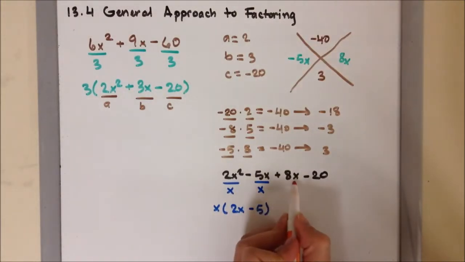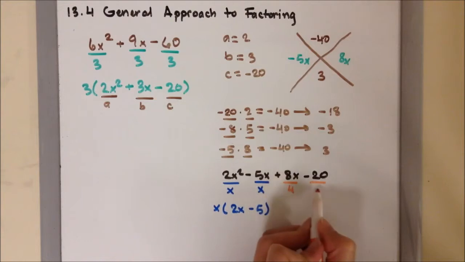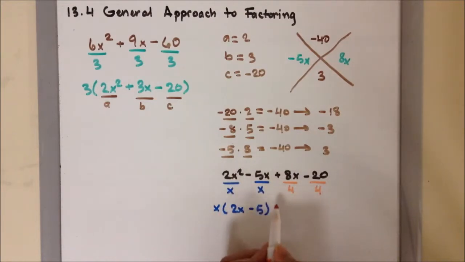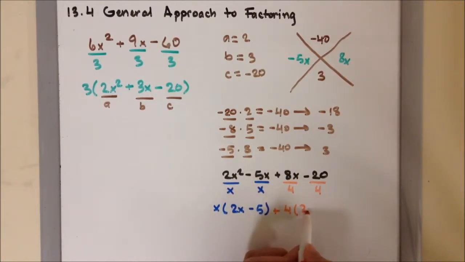Next is the other side. What's in common between 8x and minus 20 is the 4. So my GCF will be outside, so plus 4, parenthesis, 8x divided by 4 is 2x, negative 20 divided by 4 will be minus 5, close parenthesis.